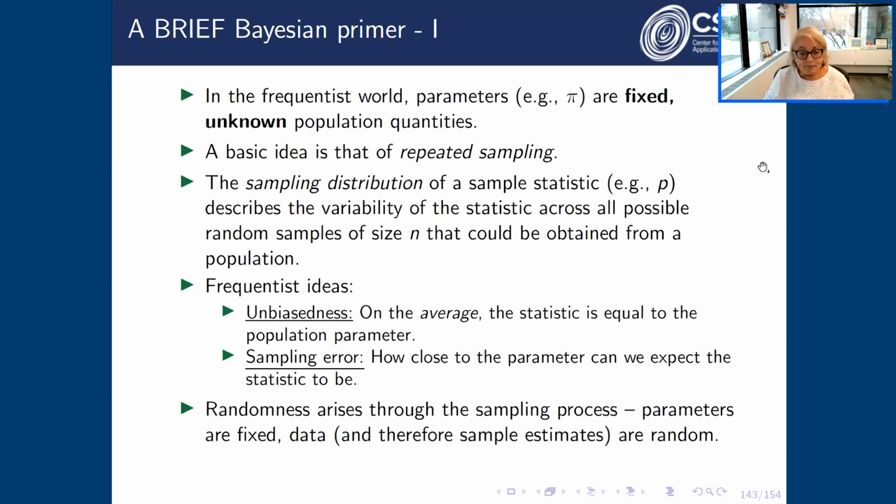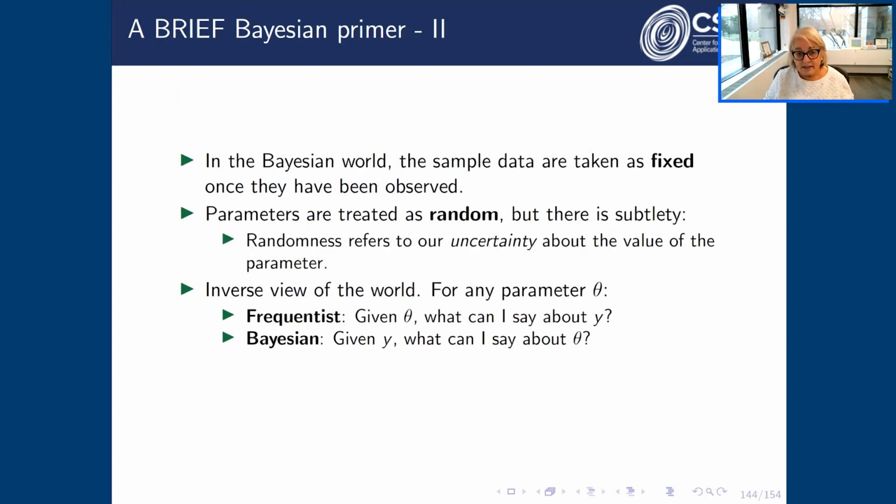All right. So in the Bayesian world, things are exactly the other way around. In the Bayesian world, the idea is that I only have one sample. And so this abstract concept of repeated sampling, relying on data I have never observed, is not a Bayesian idea.